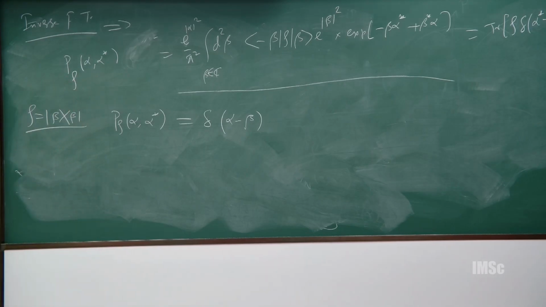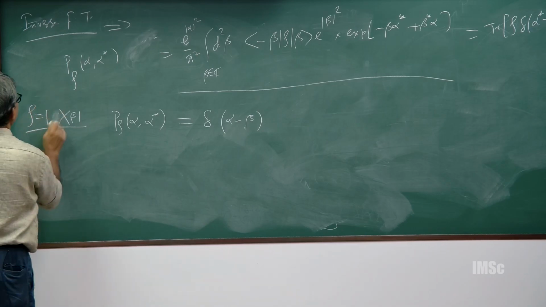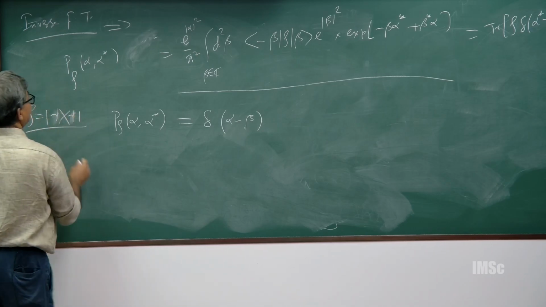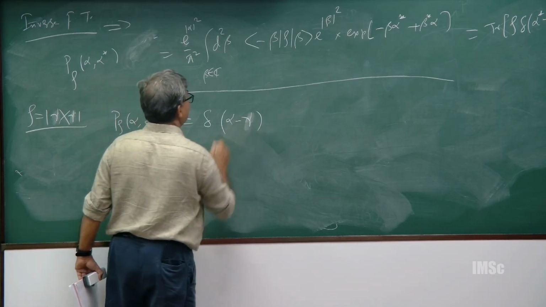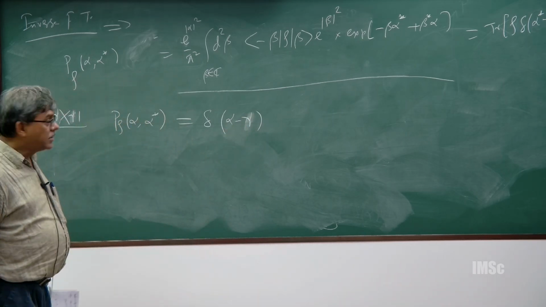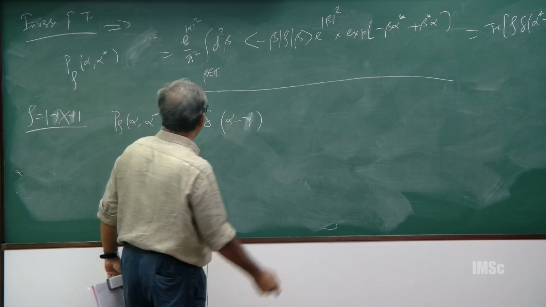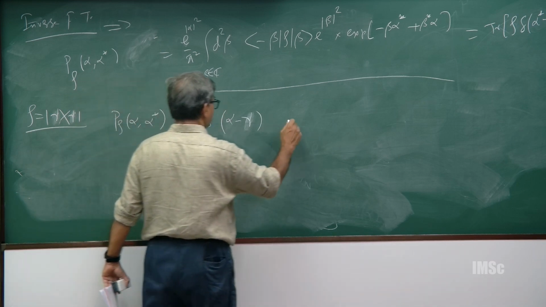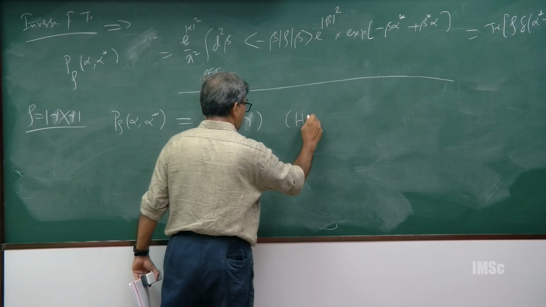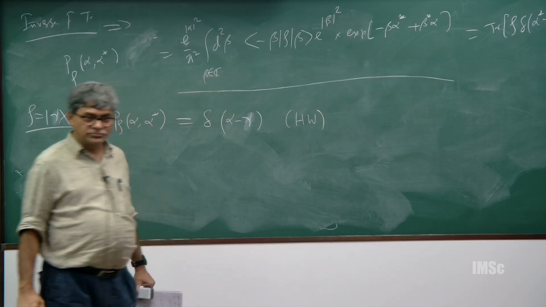Can you actually figure that out? Or, because I have used beta, take gamma here. I think you can figure this out. So, this is your homework if you want.